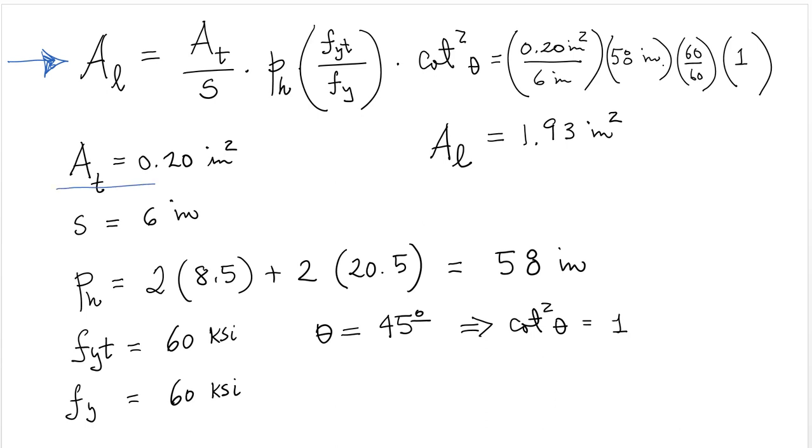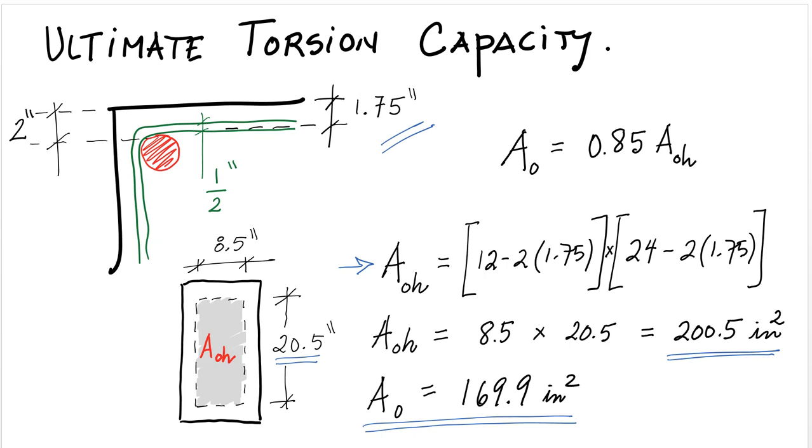Area of one leg of transverse reinforcement, 0.2 inches square. The spacing of the transverse reinforcement, 6 inches. The perimeter of the center line of the transverse reinforcement. So again, we already have those values here from the previous calculation, and that's going to be basically 2 times 8.5 plus 2 times 20.5.